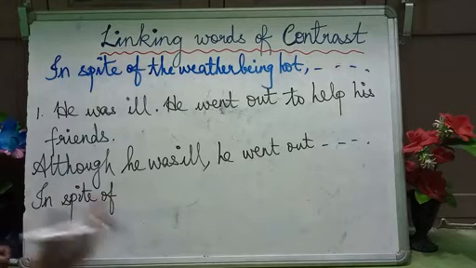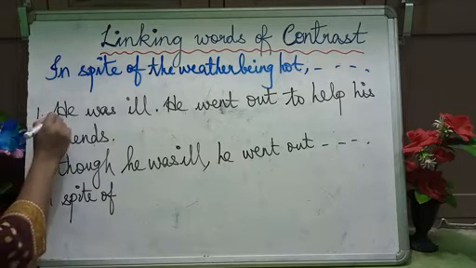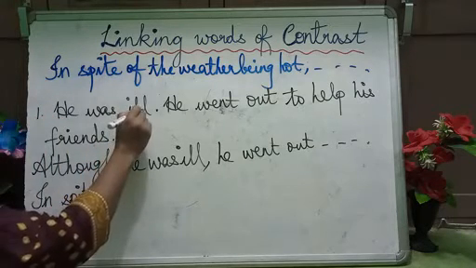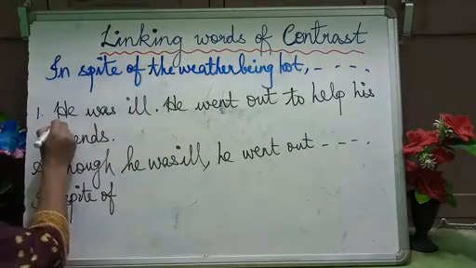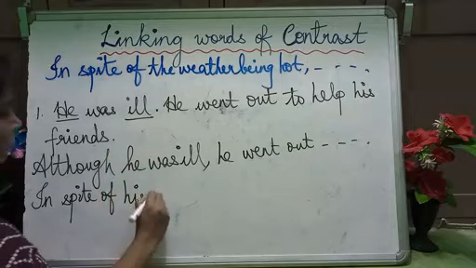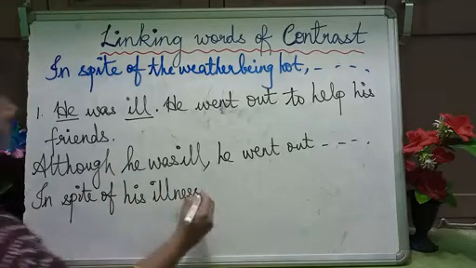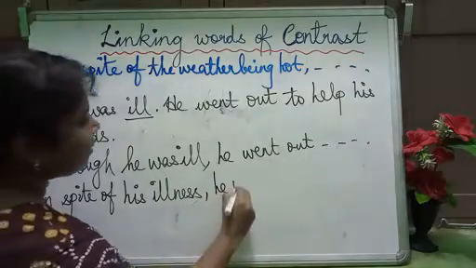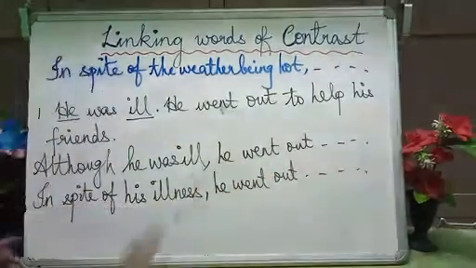Noun phrase means, as I told you, he will change into his, then ill will change into illness, the abstract noun. So this is the noun phrase. In spite of his illness, he went out to help his friends.